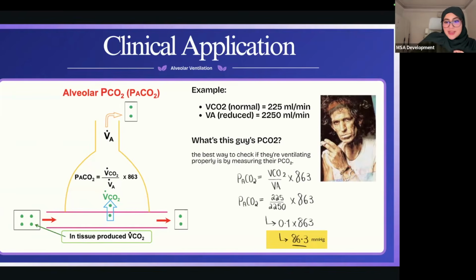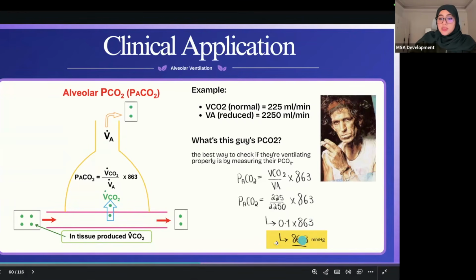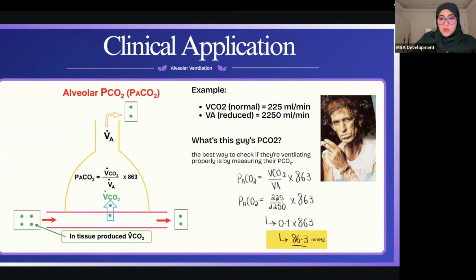Okay, so this is how you apply it. If you want to know the partial pressure of the alveolar CO2, you just put 225 over 2,225, and this equals 0.1, and then 0.1 times 863, and this is very low. 86.3 is very low for PaCO2.